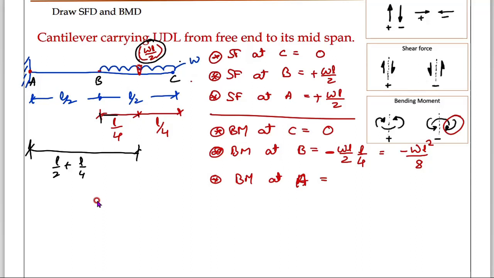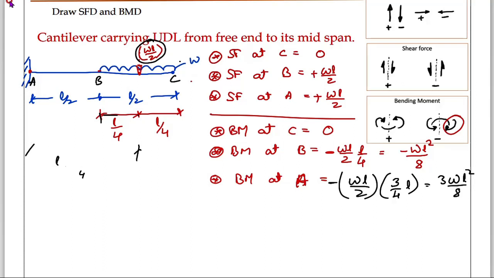That we will write. WL by 2 is the load into L by 2 plus L by 4. L by 2 means 0.5, this is 0.25, 0.75 is 3 by 4. This is 3/4 of L. Now, this is negative because hogging. The answer is 3WL square by 8. Now you will get that one.